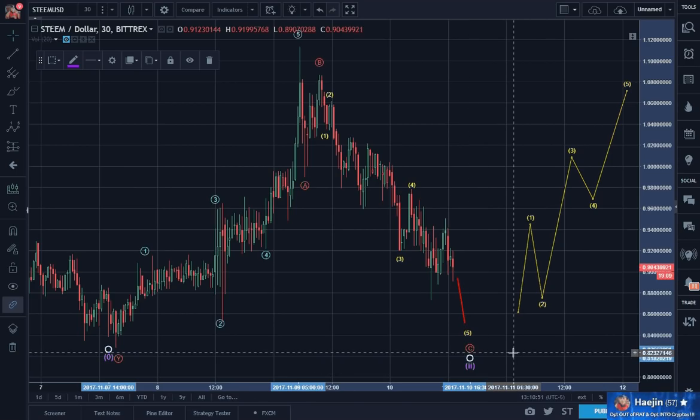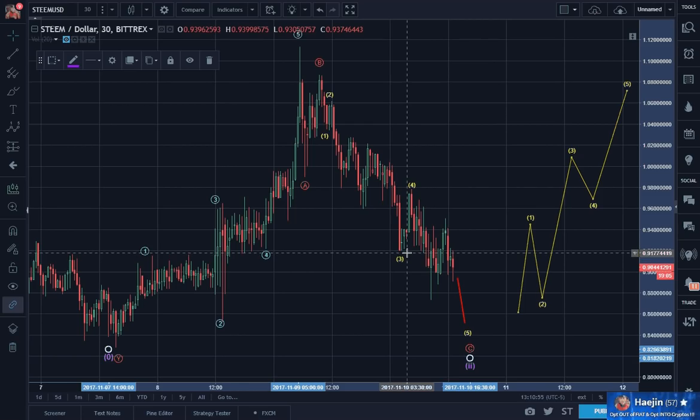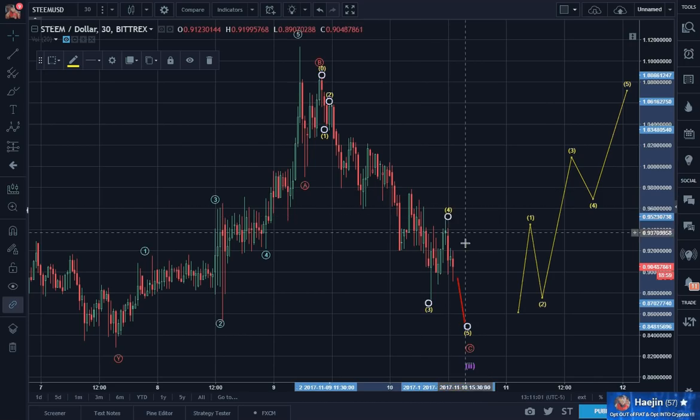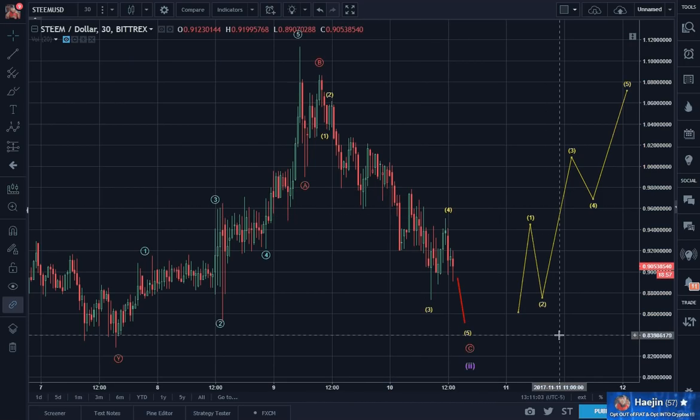That is my alternate count. There could be one more low. Could go like that. So this is when it comes to two different ways of numbering, counting the waves, but the destination is the same.